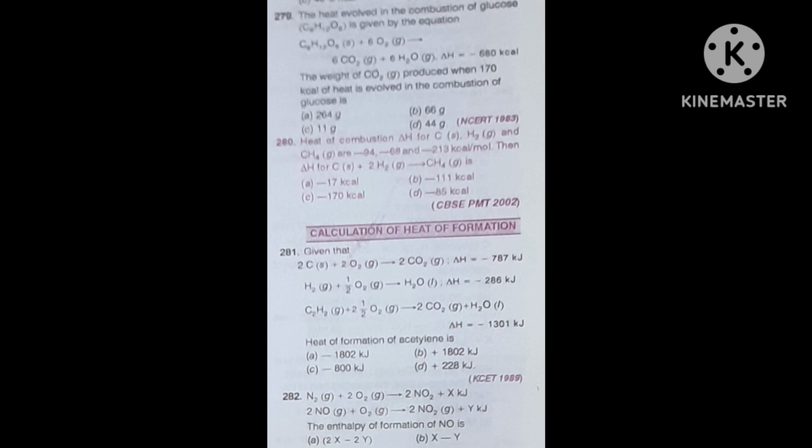Means minus 787 plus, in bracket you can write minus 286, and third, that is again minus third, then minus, in bracket you write third value minus 1301, and just simplify it. You will get plus 228 kilojoule.